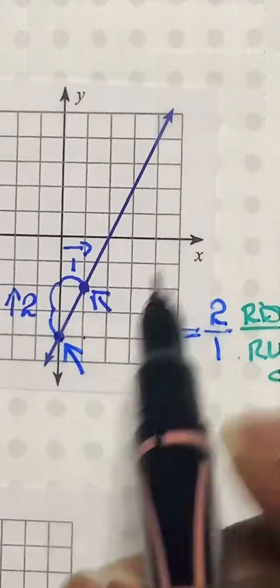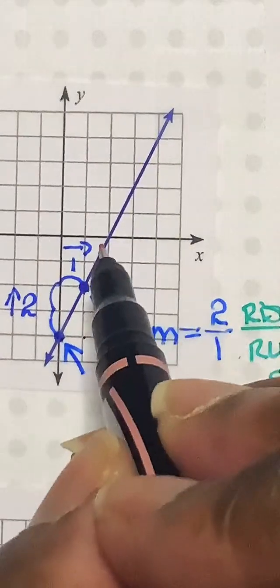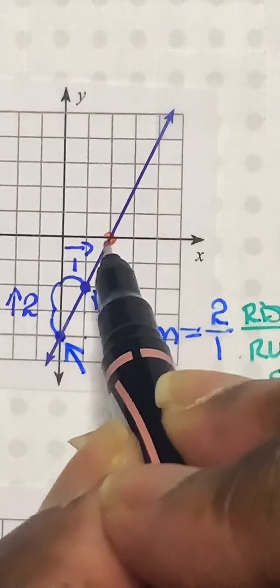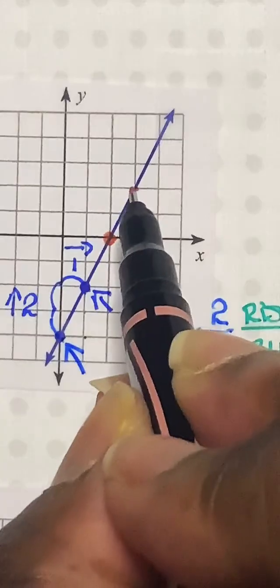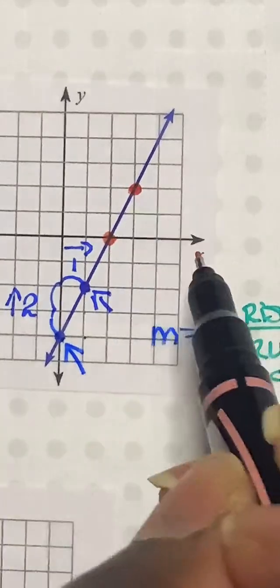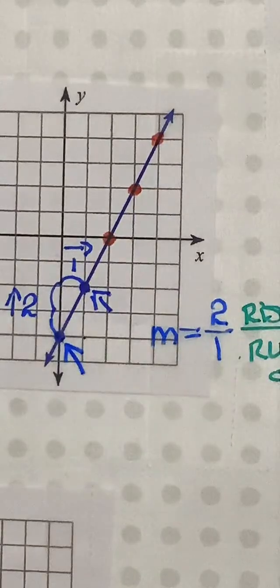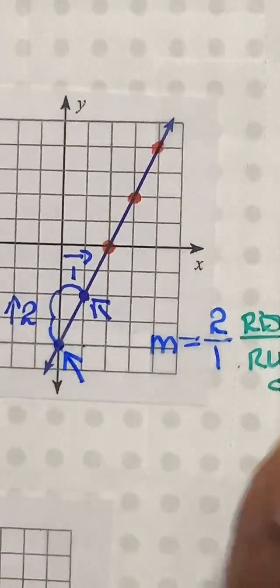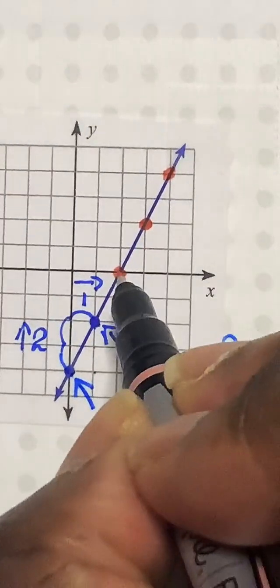Yes, they gave us 2 points, but I'm traveling along the line. This one is a pretty good one because it's intersecting there. Here is another good one. And also up here is another good one. All you need is 2 points. So I could find the slope with these 2 points going up 2 over 1.